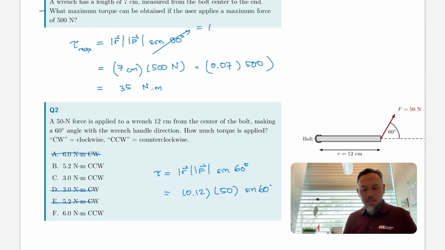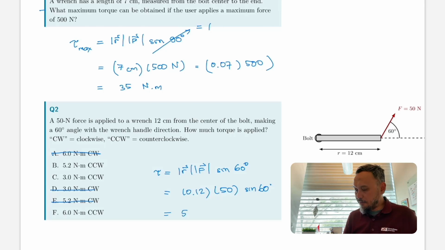And I did this earlier. The answer is 5.2 newton meters. So this is the extra lecture for Tuesday. I'll see you Thursday.